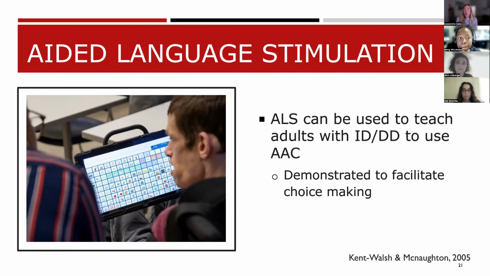So modeling, pointing, drawing attention to a message or symbol on their device or system while you're talking. If somebody has a low-tech communication board, you're pointing to the icons of their options for breakfast, so to say, while you're talking with them. They're looking at it too. You're sharing a gaze at the AAC device together. This can be really helpful to help people make choices. But again, this cannot be taught to communication partners until they have those baseline operational skills, until they have those positioning and access method skills.